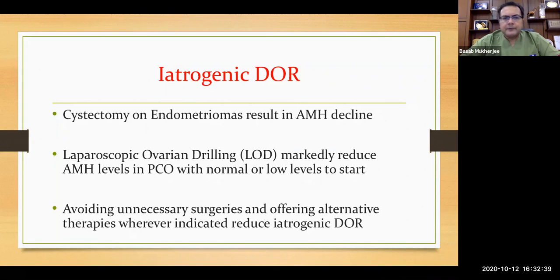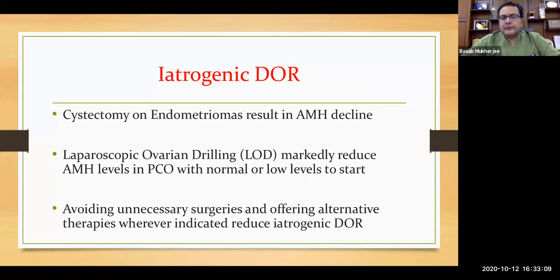So laparoscopic ovarian drilling, which once was very popular maybe a decade ago, has now markedly come down. We hardly do any ovarian drilling nowadays. It's reserved for very few cases, and I think most of our colleagues' practice would similarly be the same. There was a point of time whenever you did a laparoscopy, hysteroscopy, dye test for a subfertility case, you liked to do an ovarian drilling once you saw bulky ovaries or something. And now that has absolutely stopped.